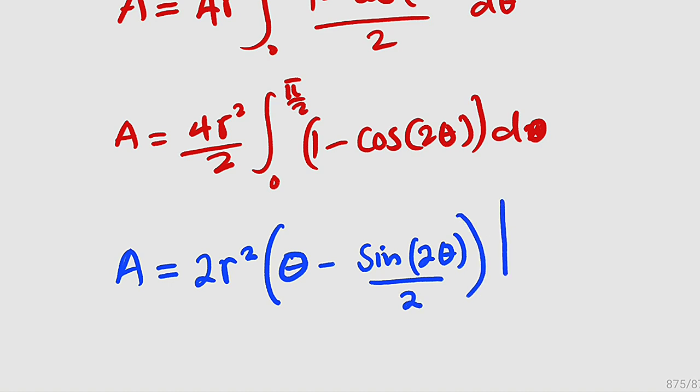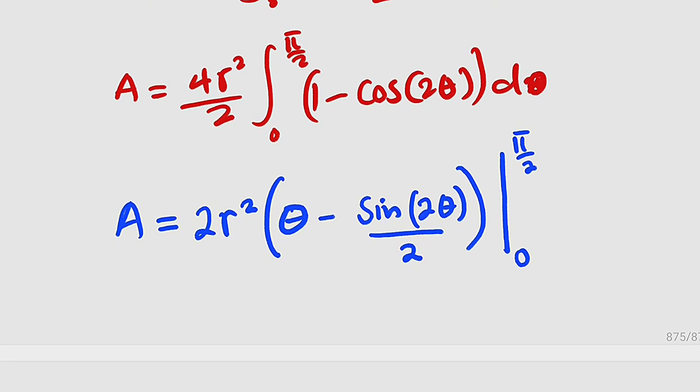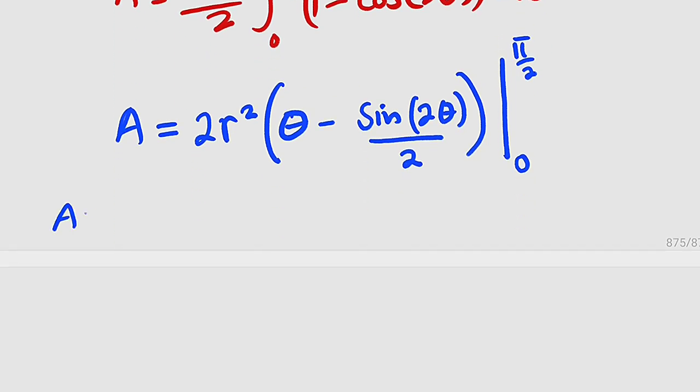We are almost done. The only thing we need to substitute is what? The boundaries. From 0 to pi divided by 2. So now let me start by substituting the upper bound. We have our area to be equal to 2r squared multiplied by whatever we have inside. Instead of theta, we are going to replace it with pi divided by 2.